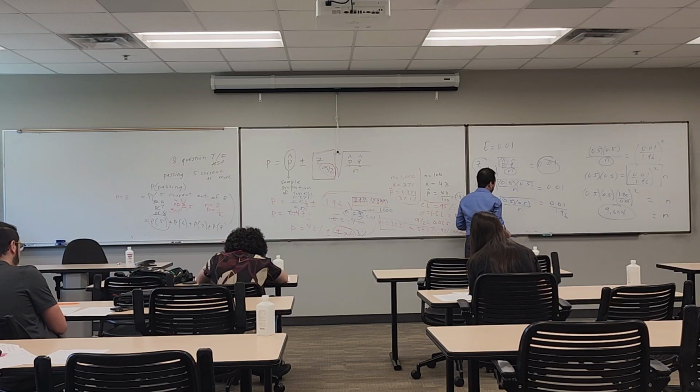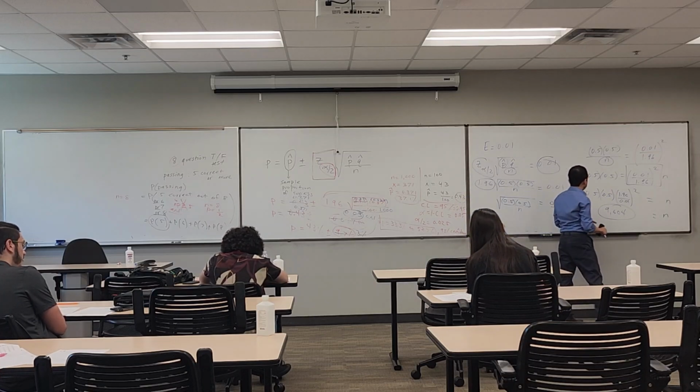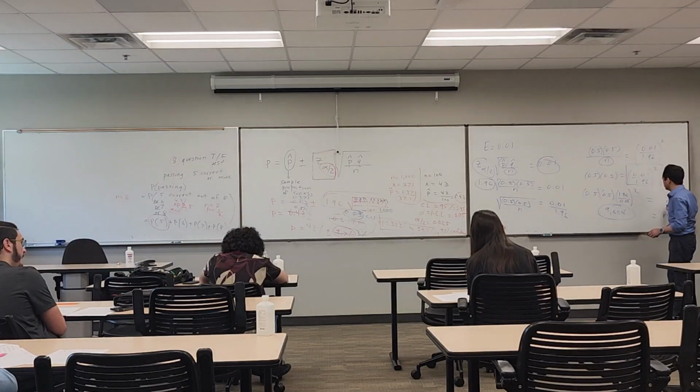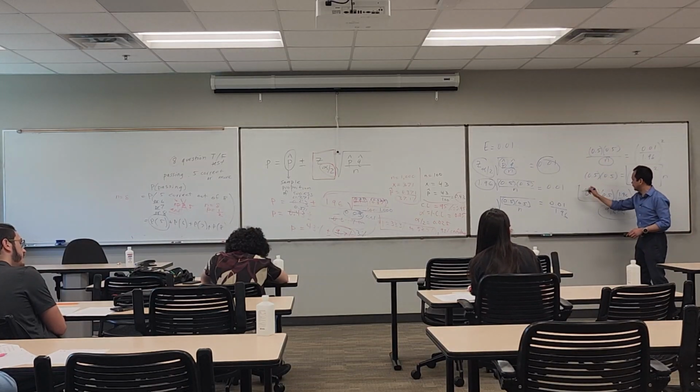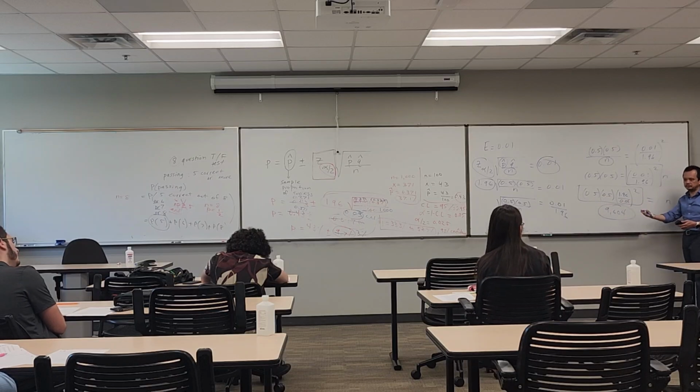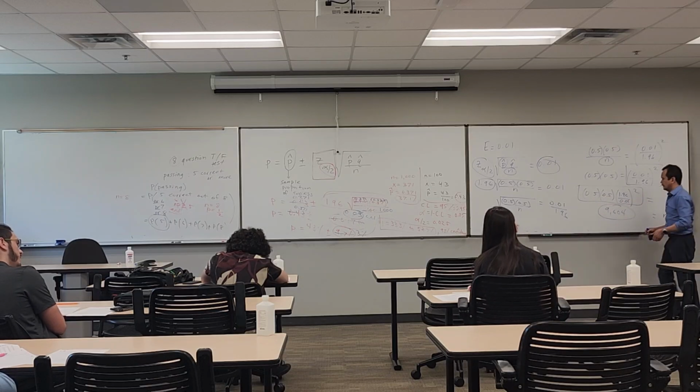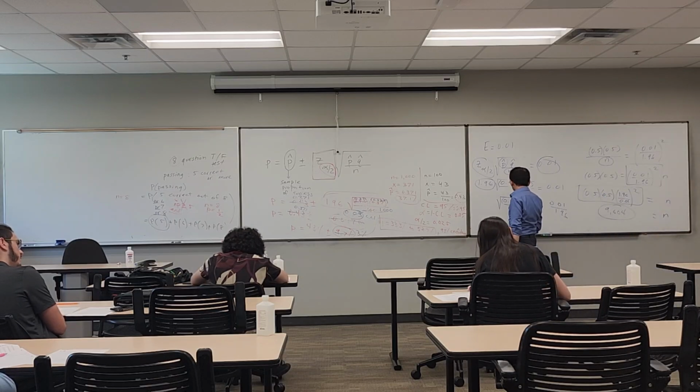So let's generalize what we just said. So we saw that this sample size came from this equation, but these numbers were specific for this example. So let's generalize it for all other examples.